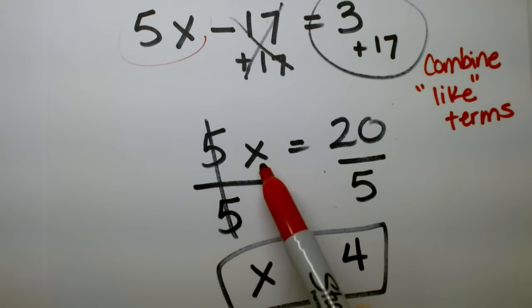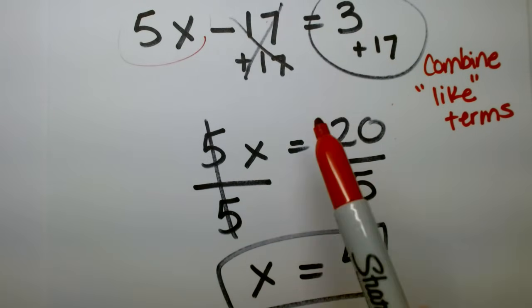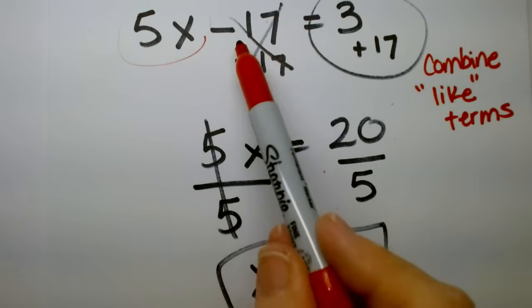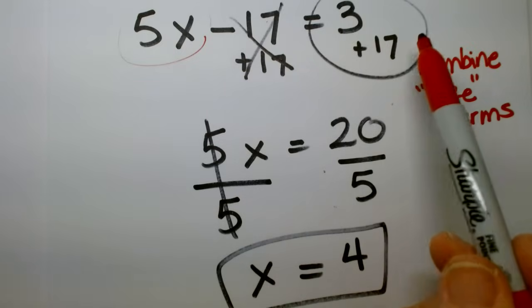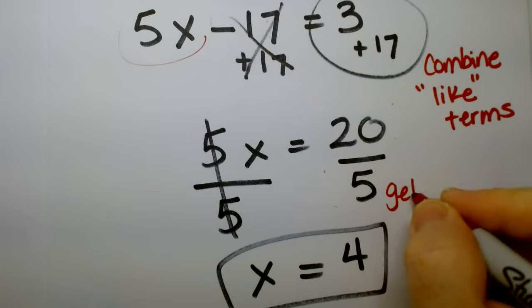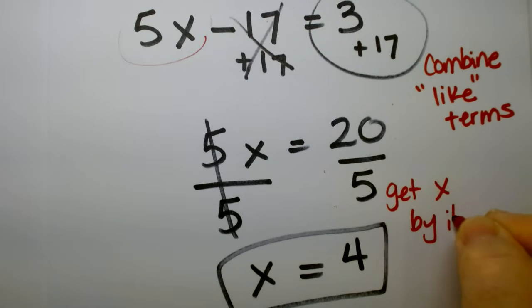Then it makes it easy to isolate it. Otherwise, you can still do it, but if you divided this by 5, you would have x minus 17 fifths plus 3 fifths. And that's just messy to deal with. Okay, so once we have that, then we want to get x by itself.